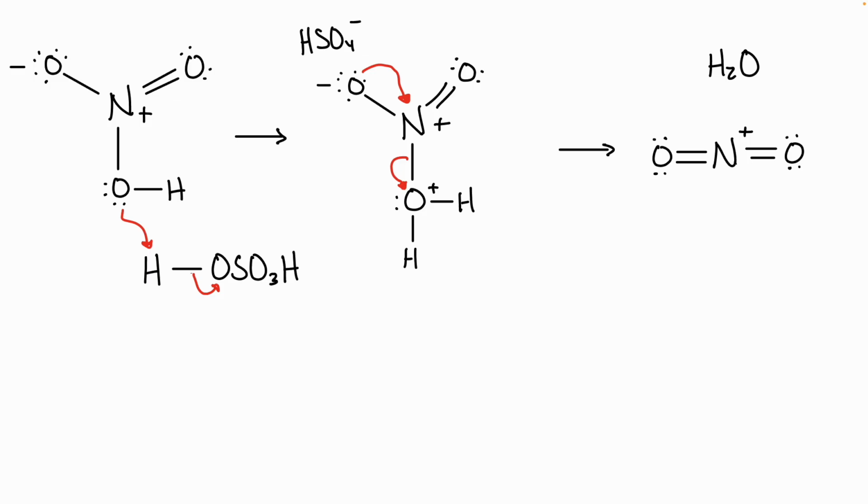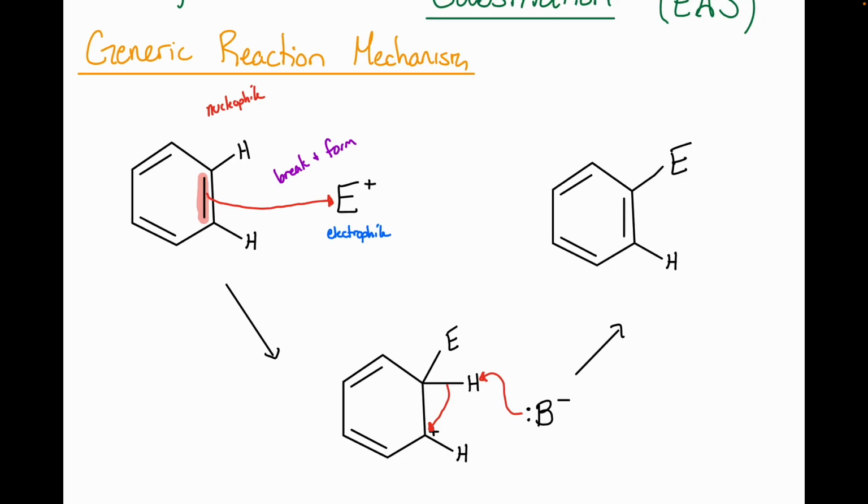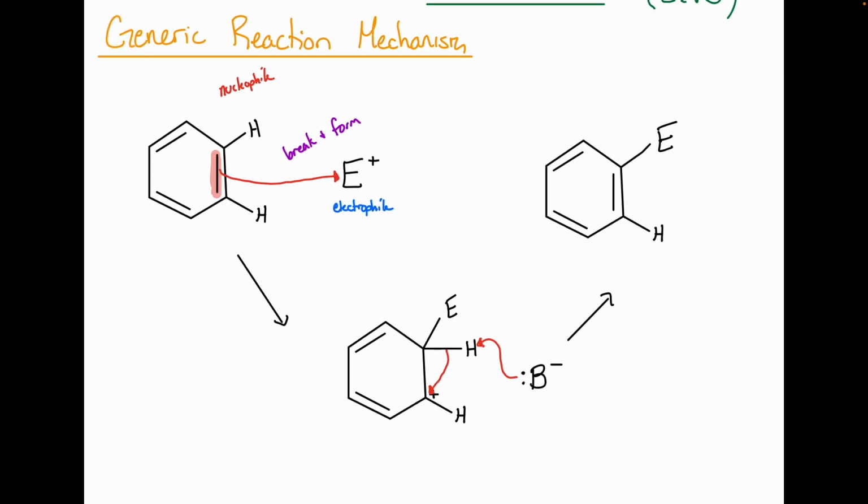So this creates what we call the nitronium ion. And this is our actual electrophilic species in our reaction mechanism. All right, now for each one of these, I'm not going to continue to do our reaction mechanism over and over again, because just like we saw before, it follows our generic reaction mechanism that we laid out at the beginning.